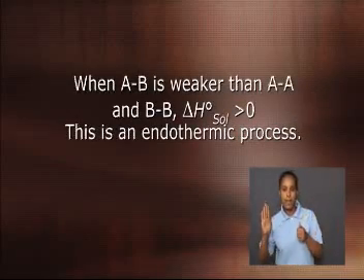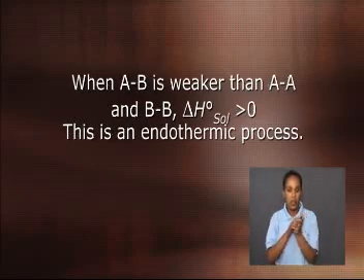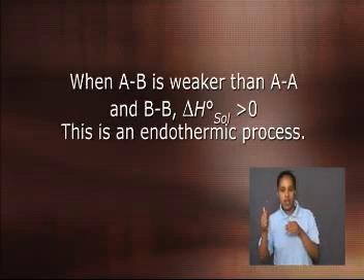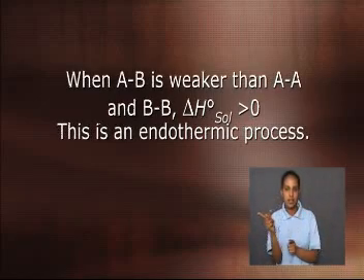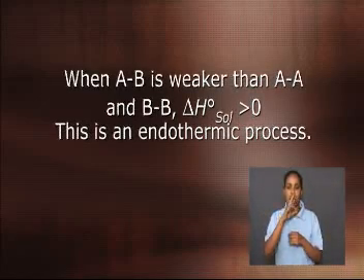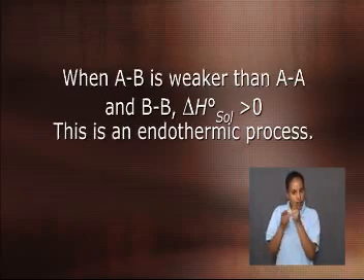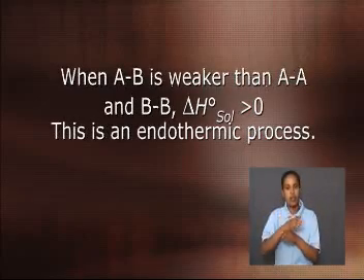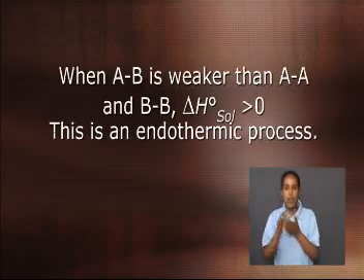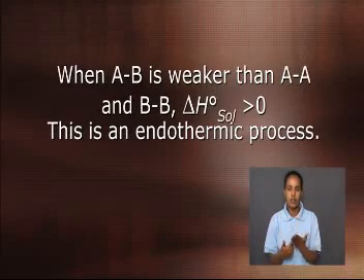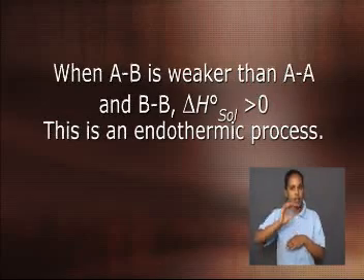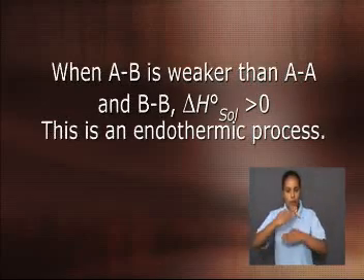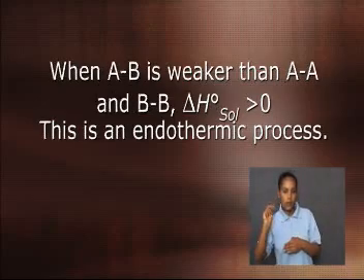When the A-B interactions are weaker than the AA and BB interactions, particles in the solution are less attracted to each other than they were in their pure form. Therefore, the heat of solution is greater than 0, and the process is endothermic.